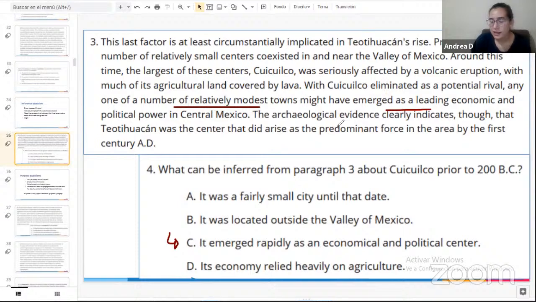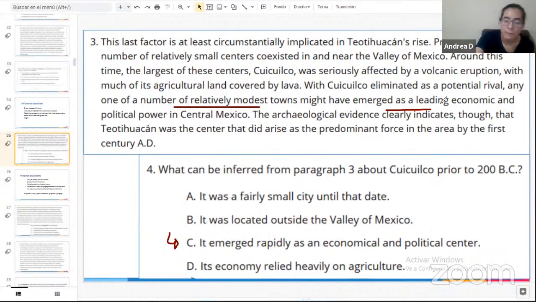So he was saying, if when Cuicuilco was eliminated as a rival, the other ones emerged rapidly, that must mean that prior to 200 BC, Cuicuilco was the one that emerged rapidly as an economical and political center. So Cuicuilco was the leading power. And when this thing happened and they were eliminated, the other towns took their place. So that was his justification, which can be true.